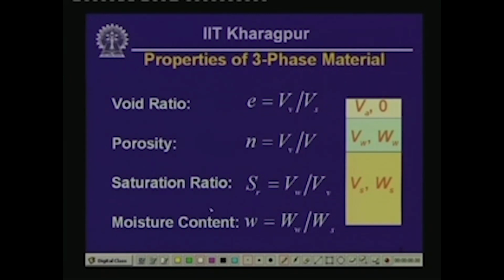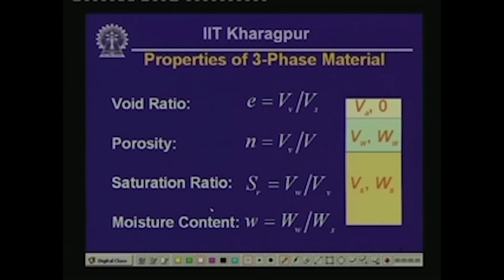Okay. Keeping these symbols in mind, void ratio is expressed as the volume of the void phase divided by the volume of the solid phase. Then porosity is the volume of the void phase divided by the total volume of the three-phase soil.